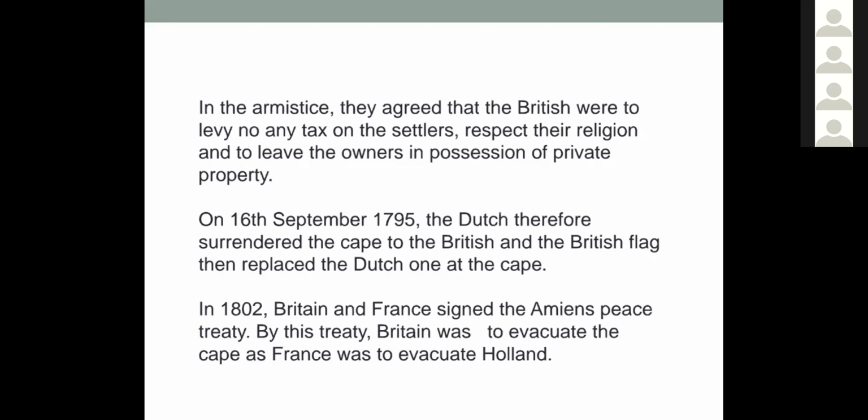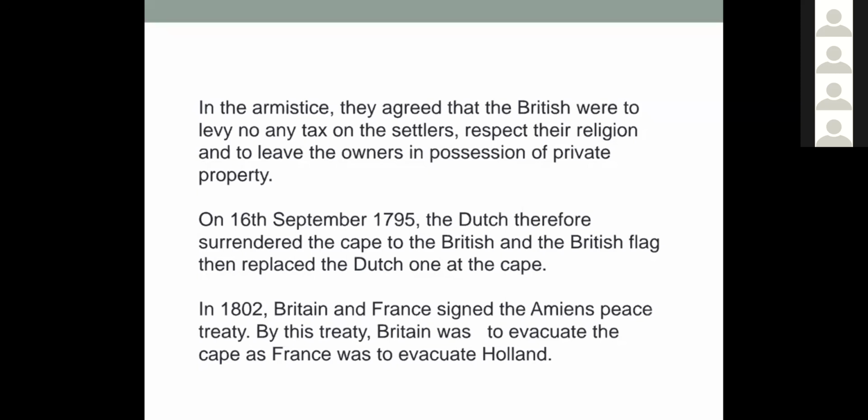Okay, fine. In 1802, Britain and France signed the Amiens Peace Treaty. By this treaty, Britain was to evacuate the Cape, as France was to evacuate Holland. So, girls, in 1802 we see the two powers that were fighting now signing an agreement, and the agreement is called the Amiens Peace Treaty.